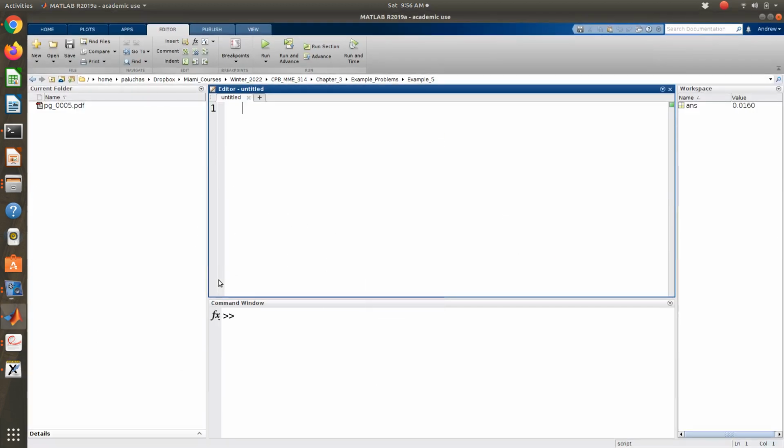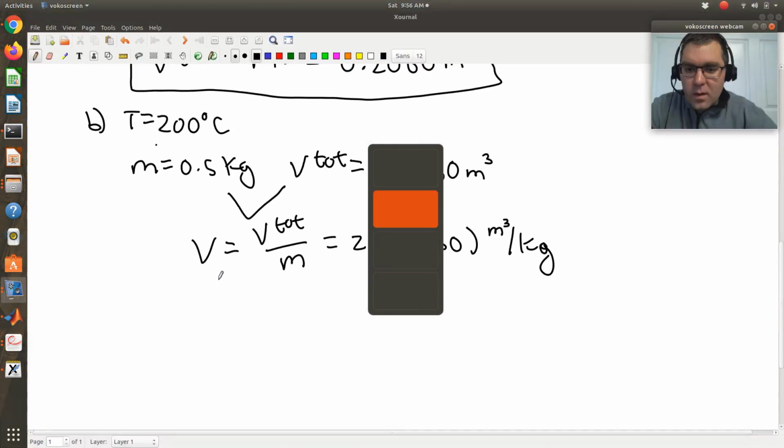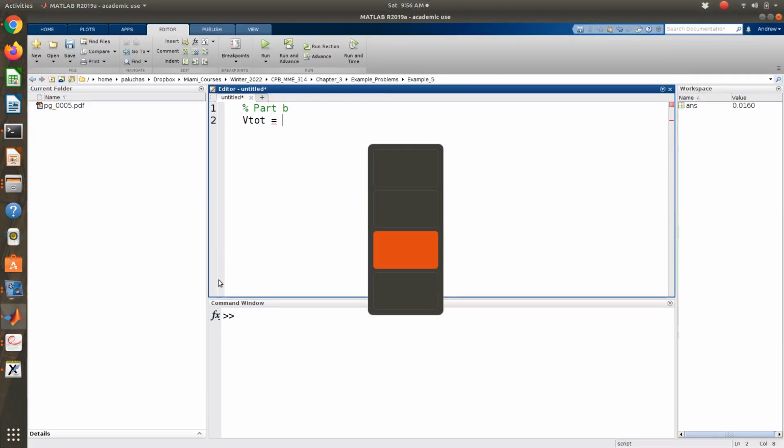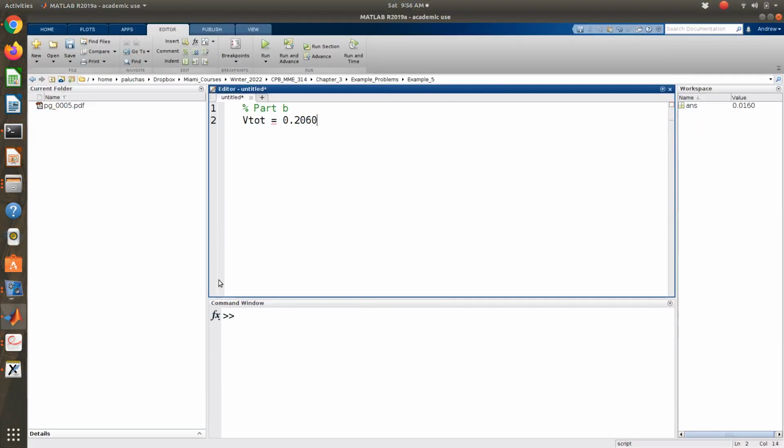I've got a script open, so just to make note for part B. We had V total is my same 0.2060, that's meters cubed. My mass is 0.5 kilograms.